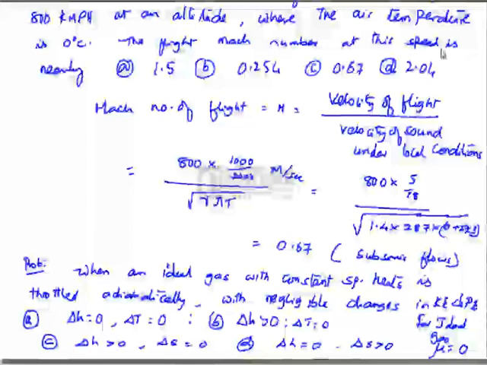Because Joule-Thomson coefficient is 0 for ideal gas, there would not be any temperature changes when the ideal gas is throttled. That is, delta T is equal to 0. And coming to the entropy changes, because throttling is an irreversible adiabatic process, delta S must be greater than 0, because entropy would always increase during every irreversible adiabatic process undergone by the system. Therefore, there are two answers, that is namely A and D.